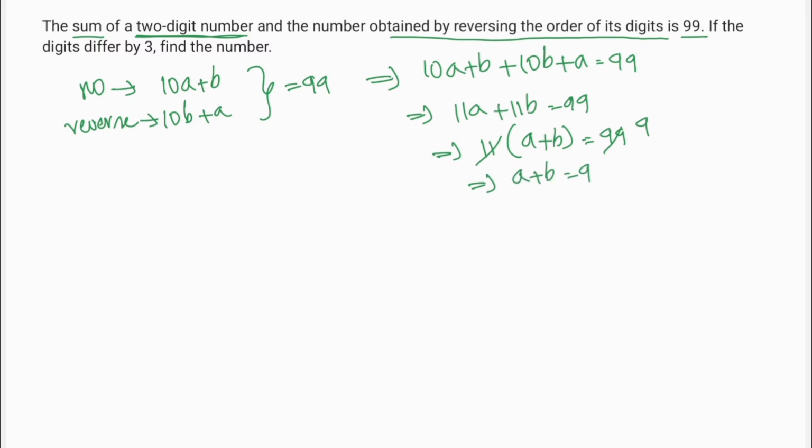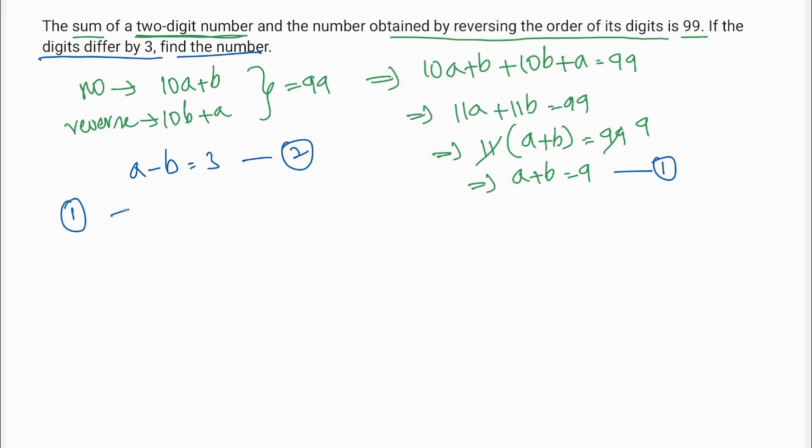Okay. And what is the second information given? The digits differ by 3. So the digits a minus b is equal to 3. Okay. We have to find the number. Okay. Now here we have two equations. This is the first and this is the second. We can use any of the methods, elimination or substitution method. So we will use the elimination method.